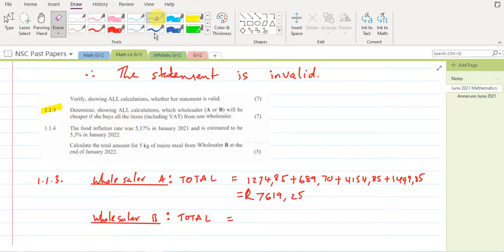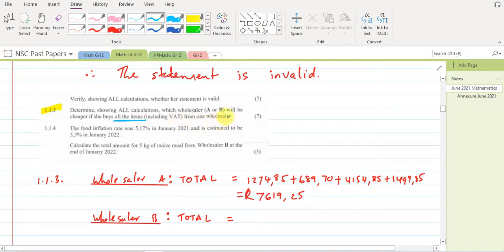If she's buying all the items including VAT from one wholesaler, then what we have done is incorrect here.